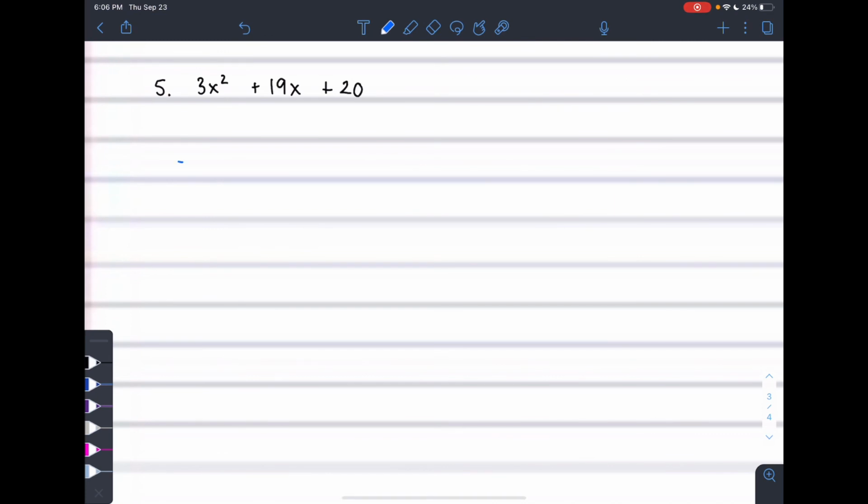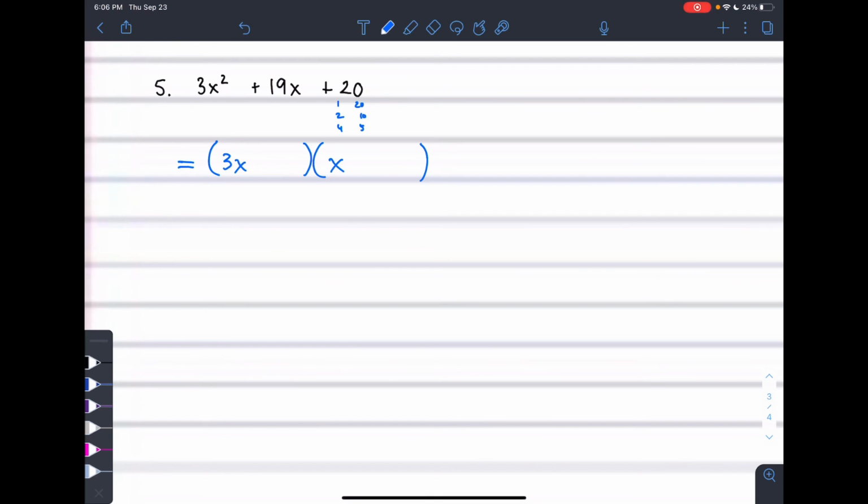So for our factors, we know that this time the first terms have to multiply to 3x squared. So that's just going to be 3x and x. But again, we still need to consider, for these two here, they have to multiply to 20. So we're going to consider 1 and 20, 2 and 10, and 4 and 5 again.